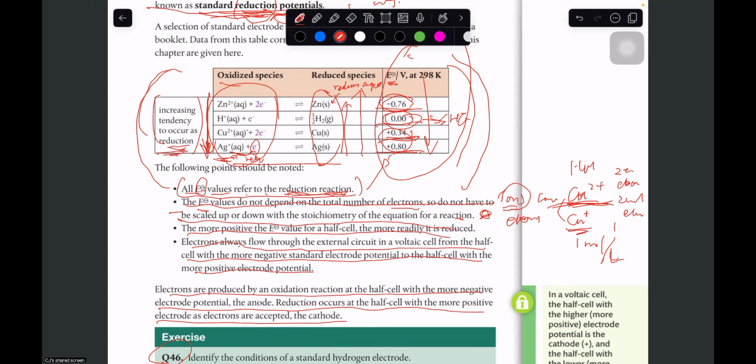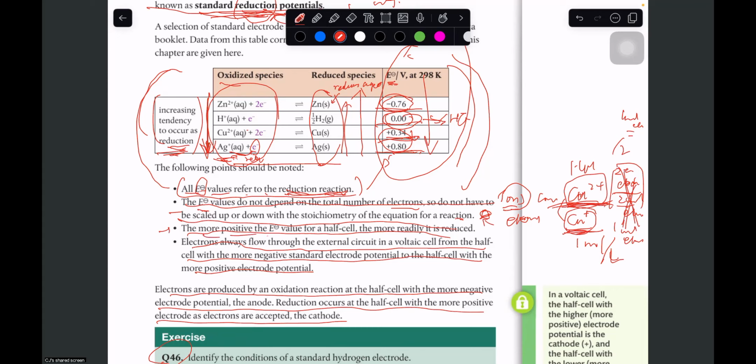And the second one only gets 1 electron. This sentence means that we don't pay attention to the electrons, we just pay attention to the ions. So you don't need to divide the first one by 2 to make it 1 electron. We don't need to do this. We just pay attention to this one. It's okay. Okay, the third one.